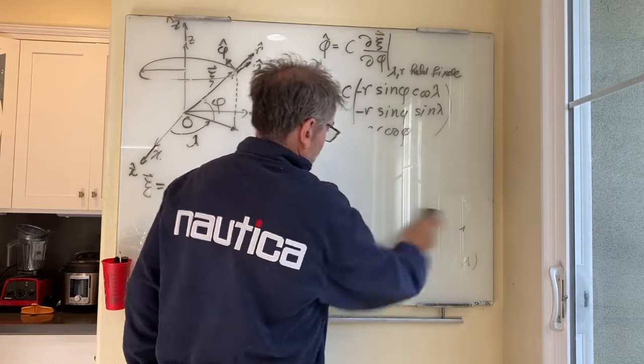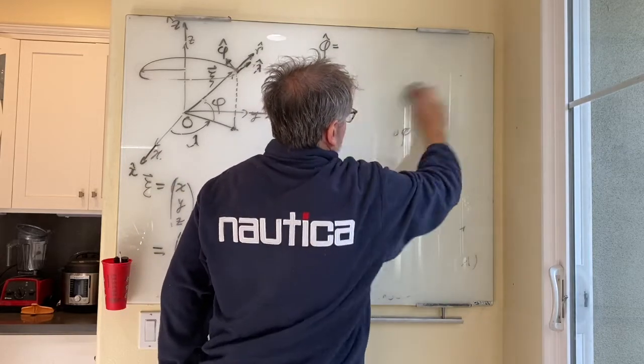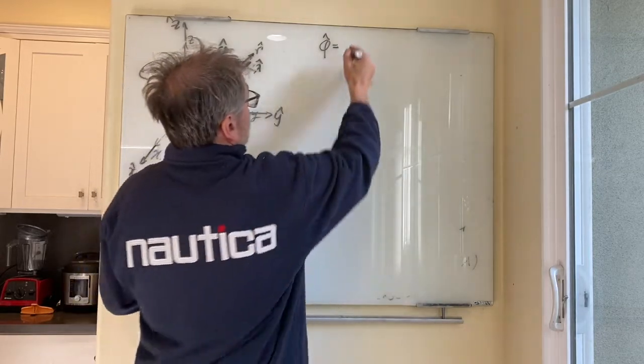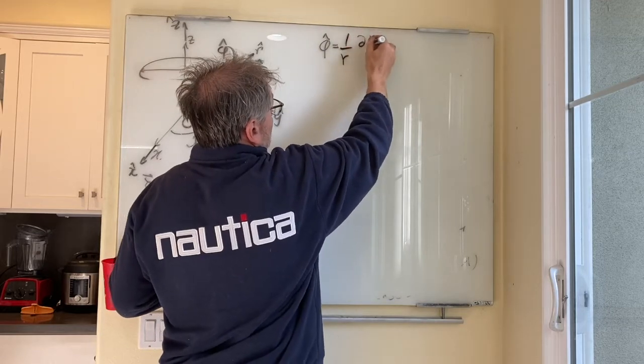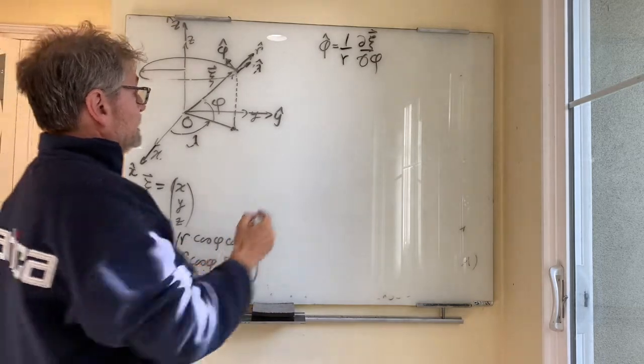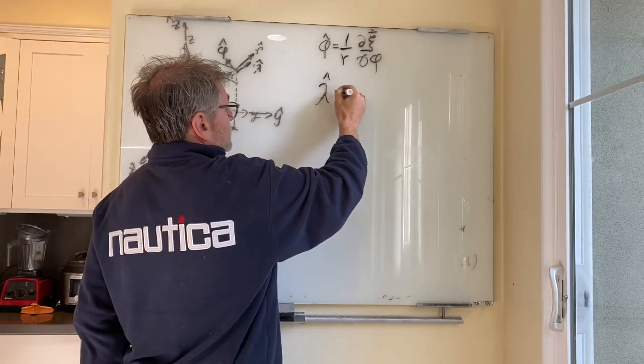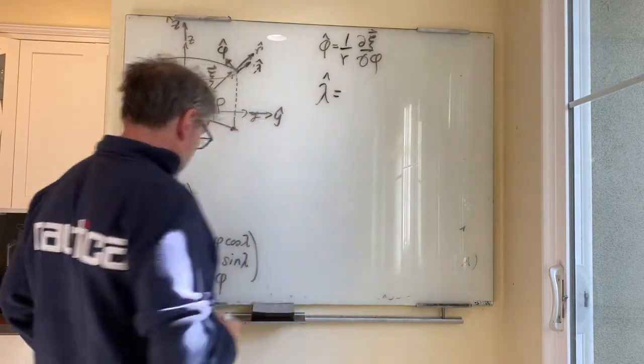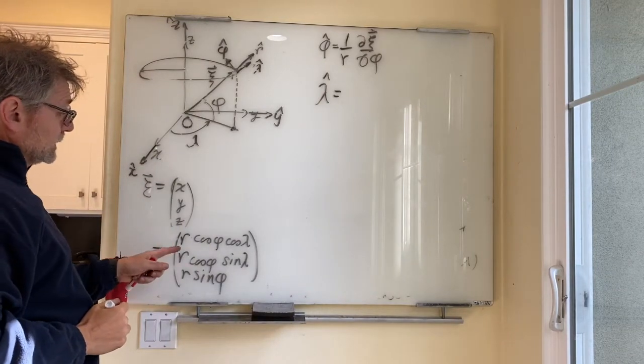All right, so phi hat is equal to 1 over r dx d phi. And we can do the same thing for lambda hat. Lambda hat is going to be some constant, which we have to determine, times dx d lambda.